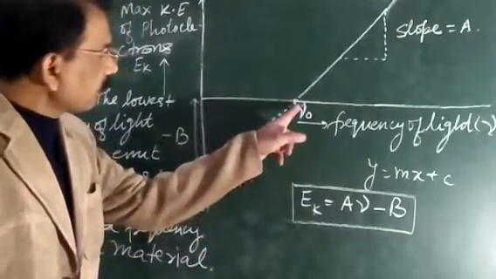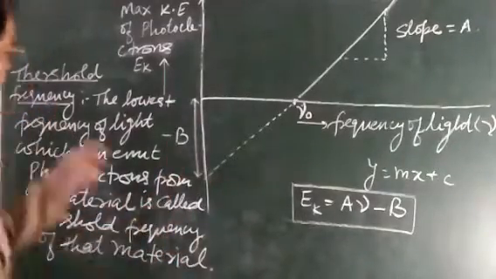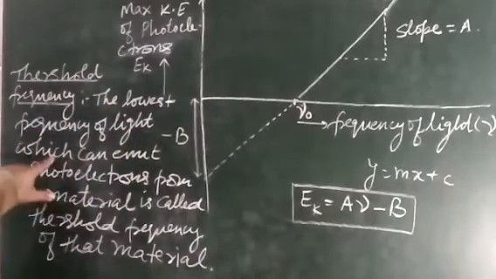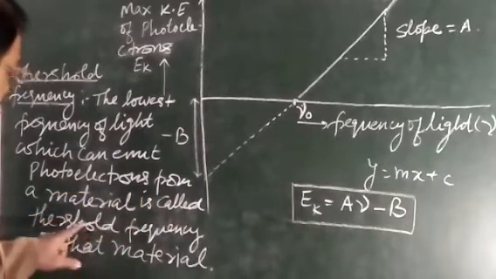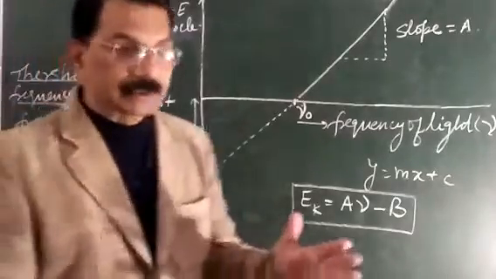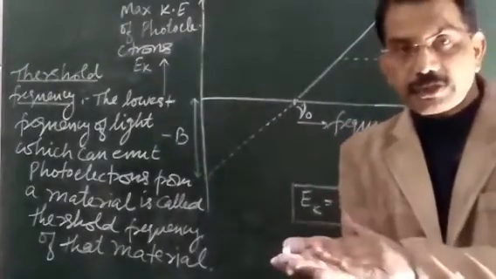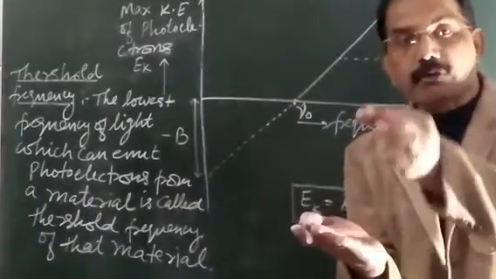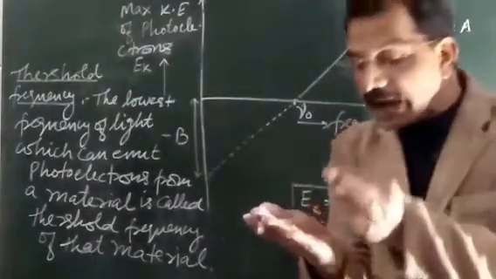Now we can define the threshold frequency, which is also called the cutoff frequency. The lowest frequency of light which can emit photoelectrons from a material is called the threshold frequency or cutoff frequency of that material. इसका मतलब किसी भी मटेरियल के मेटल प्लेट से minimum frequency of light which is required for emission of the photoelectrons, that frequency is called the threshold frequency for that metal.